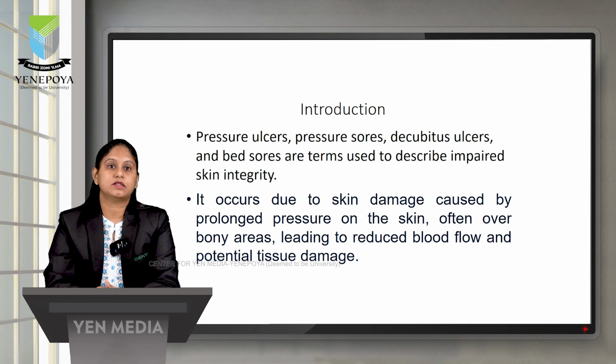The main cause might be pressure which is for prolonged duration over the skin surface. It occurs especially over the bony prominences, which leads to reduced blood flow to the skin surface and potential tissue damage or ischemia.